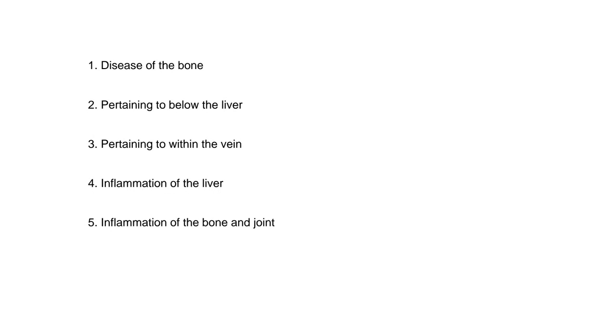Word parts that come at the end of the word that also change the meaning of the word are called suffixes. And then there are combining vowels, which combine two word roots together, or they combine a word root with a suffix to make it easier for you to pronounce or enunciate.